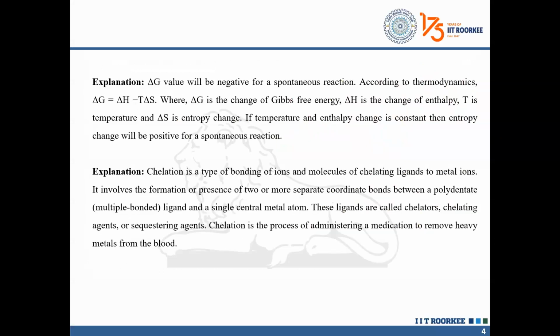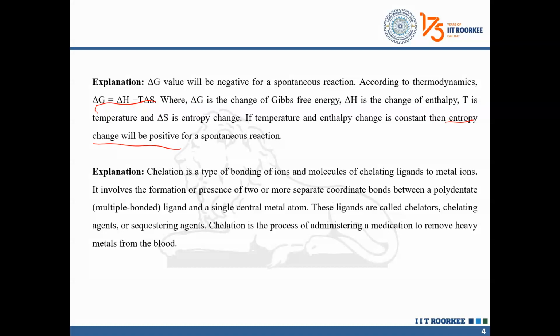So here is the explanation. Delta G value will be negative for a spontaneous reaction. According to thermodynamics, delta G equal to delta H minus T delta S, right? So if temperature and enthalpy change is constant, the entropy change will be positive for a spontaneous reaction. So the delta G will be more negative, right? And chelation is a type of bonding of ions and molecules of chelating ligand to the metal ions.